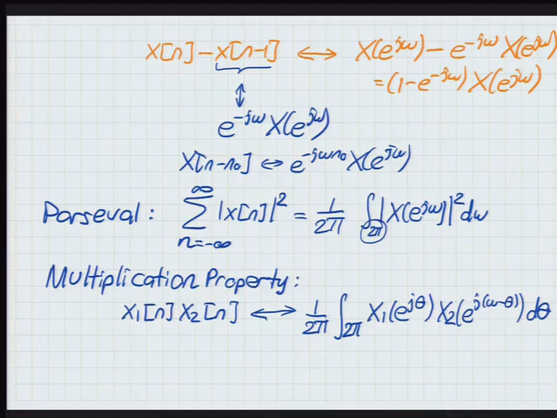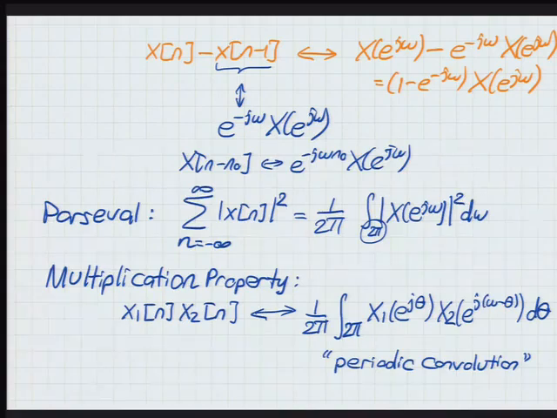But of course, what you've done depends on omega, so that's why the resulting integral is a function of omega, and that's the Fourier transform of the product. So this is called a periodic convolution. The reason is the signals we are taking the convolution of are periodic themselves with period 2 pi, and we are doing the integration over a period which is 2 pi. All right, so that's how it differs from the standard convolution we saw before.